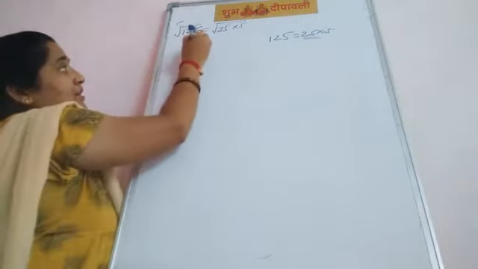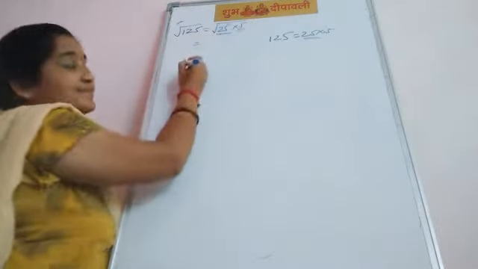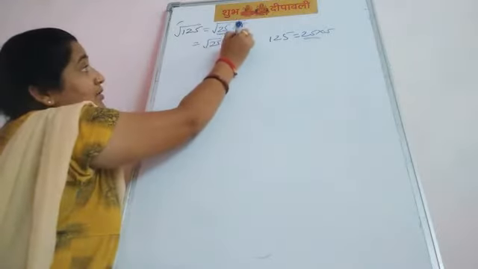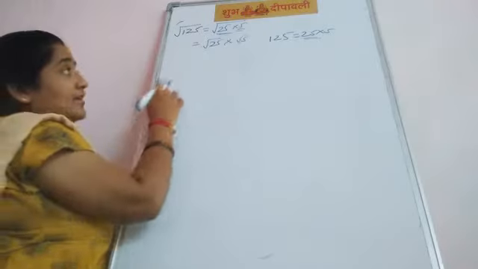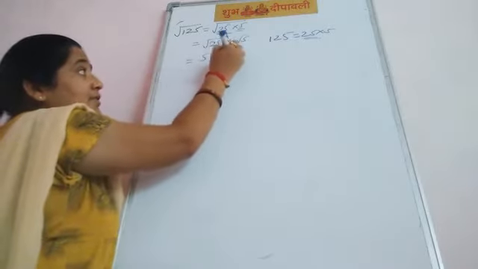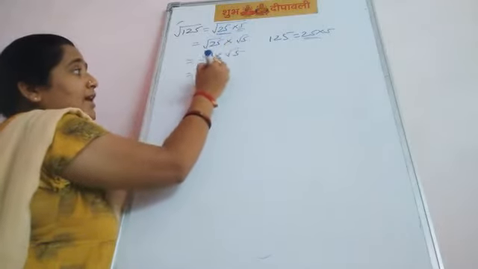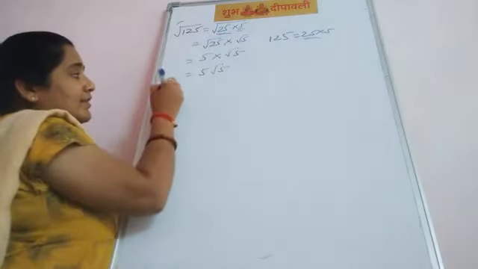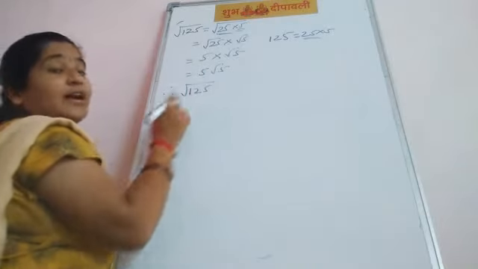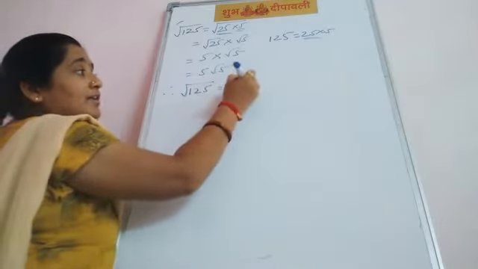Now you separate these two: square root of 25 into square root of 5. Square root of 25 is how much? 5. So 5 into root 5, 5 root 5. Therefore, square root of 125 equals 5 root 5.